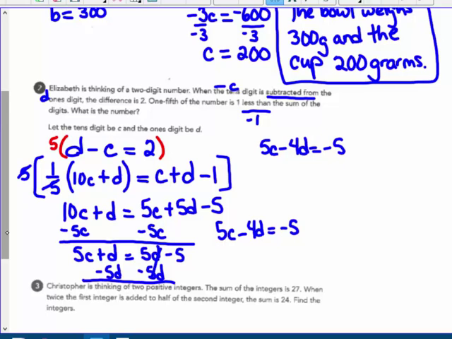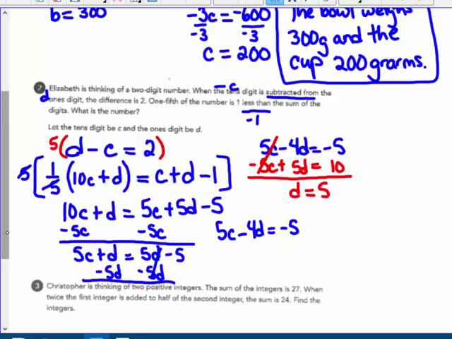Putting it in the same order here, it would be 5d, and 5 times negative c would be negative 5c. That's what I wanted to happen. I wanted my c's to go away. So that's a positive 5d equals 10. These cancel. 5d take away 4d is a d. 10 take away 5. Oh, d is 5.